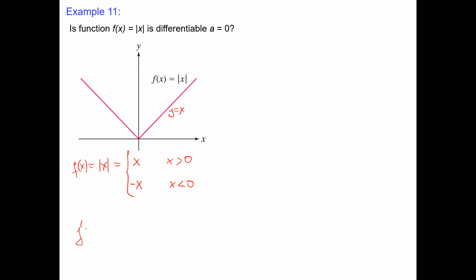And now we may use what the derivative is at any point in the domain, not including 0. Since that line is x and that line is negative x, the slope of x is 1 and the slope of negative x is -1. But this is only for positive x's, and this is for negative x's.